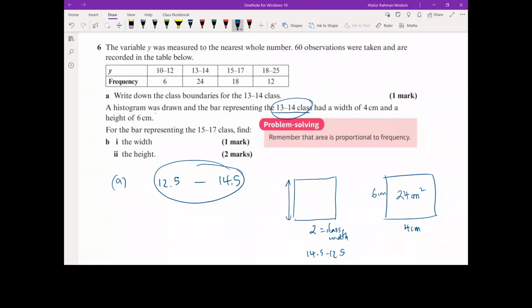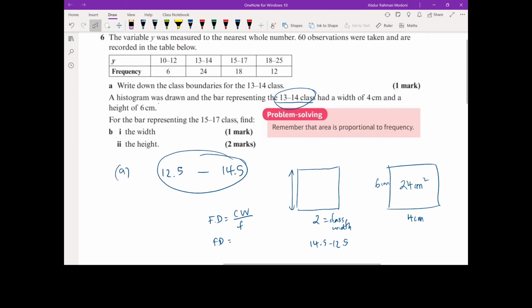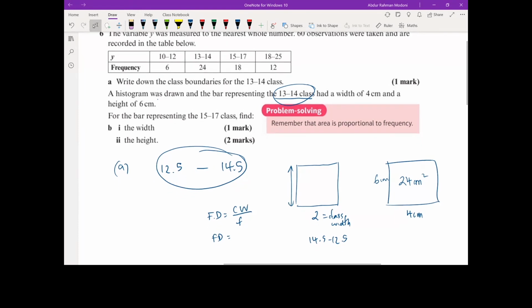Well, we know that the frequency density is worked out by doing, oh, sorry, I did it the wrong way around.